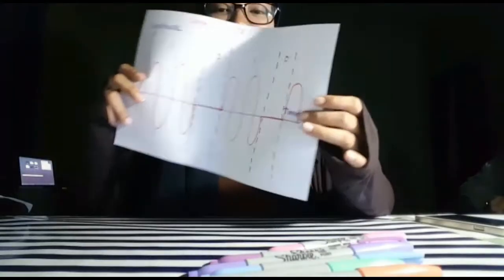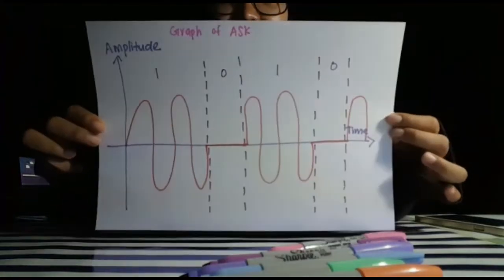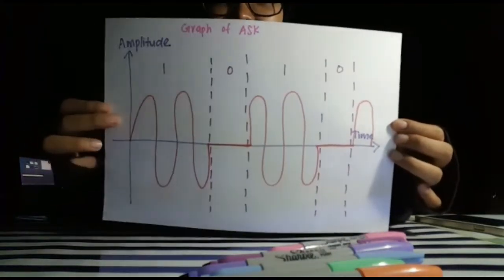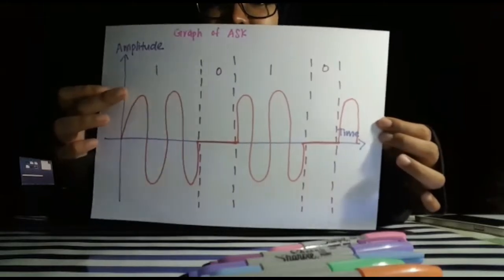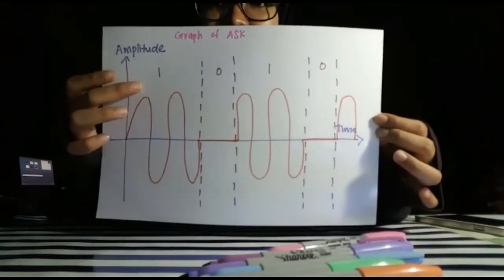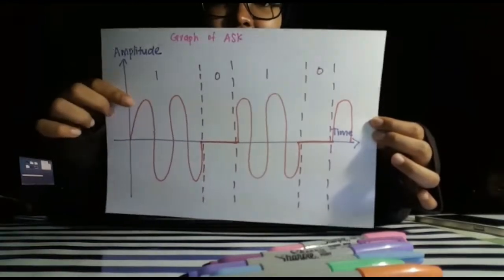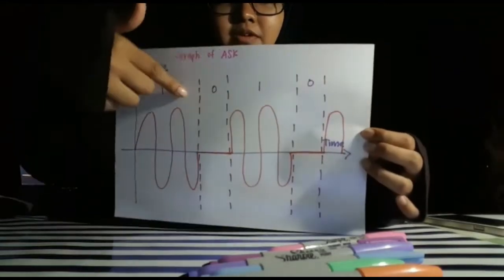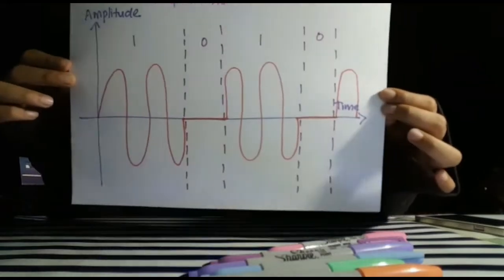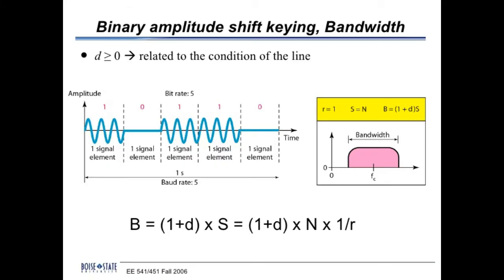Okay, and this is the graph for ASK. Can you see it? If there is one signal element, it will have a peak, and if it turns to 0, it will become constant. As you can see, this is the graph for binary amplitude shift keying, and d must be greater than or equal to 0, which relates to the condition of the line.